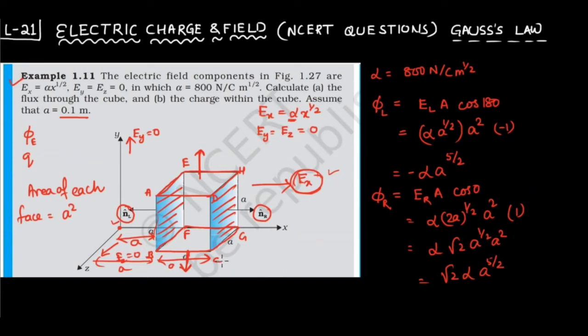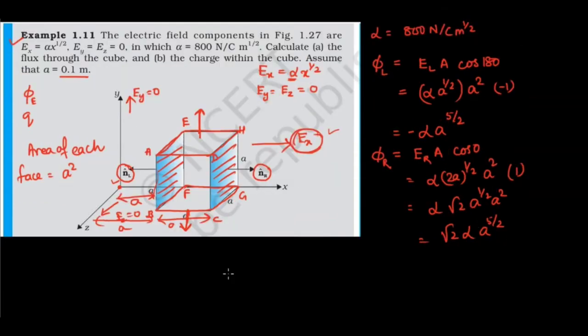Is that clear? So we have calculated the flux through the left surface and the flux through the right surface, and remember that the flux through the other four faces will be 0, because the angle between the electric field and the area vector will be 90 degrees, and there will be no electric flux due to the y component and z component of the electric field, because Ey and Ez both are 0.